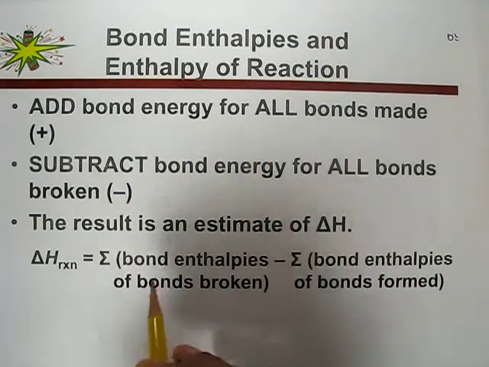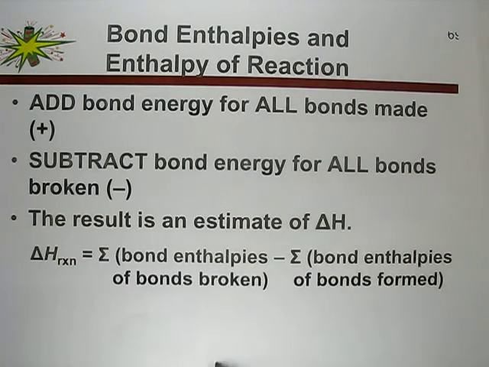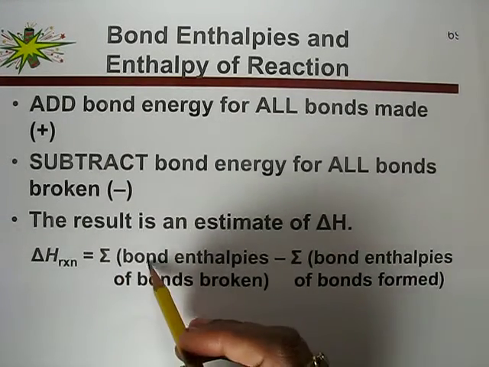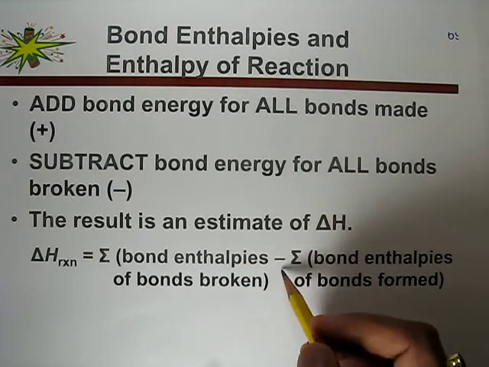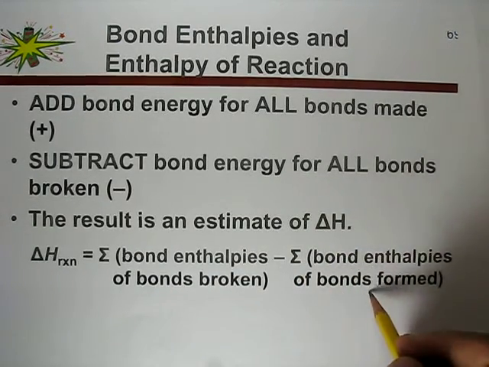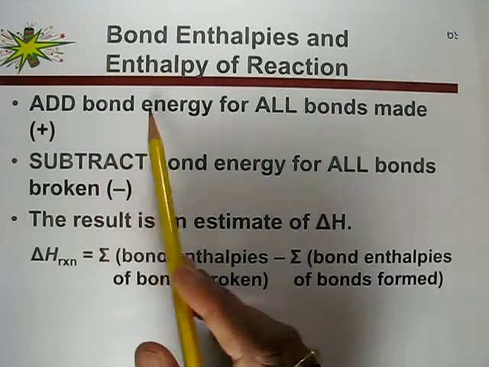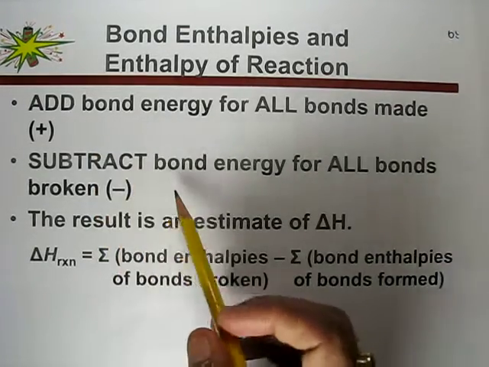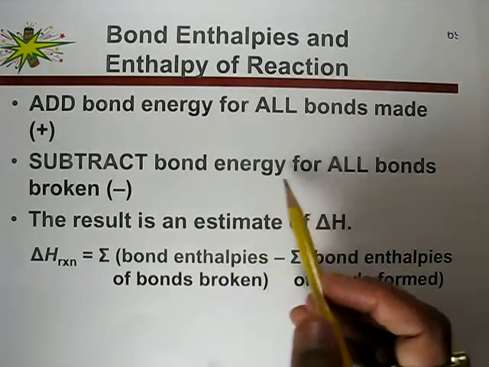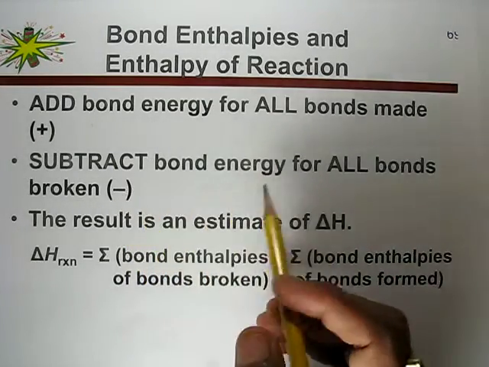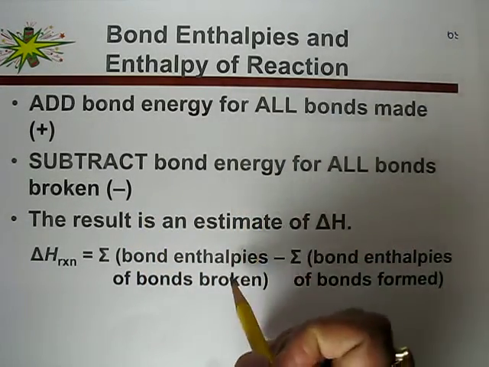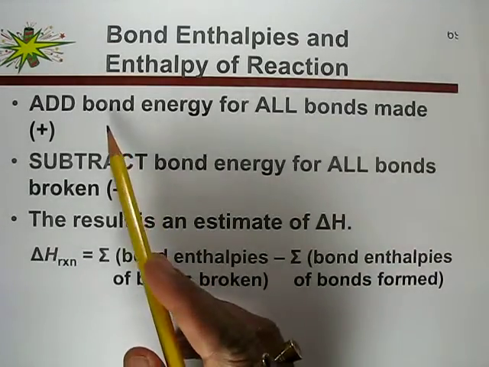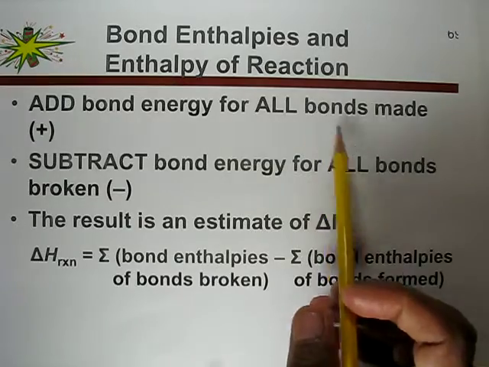Whenever we try to calculate the delta H of reaction, the change in enthalpy in the reaction, we sum the bond enthalpies of the bonds broken and subtract the sum of the bond enthalpies for the bonds formed. For bonds broken we need to give the energy, and we add the bond energy for bonds made.